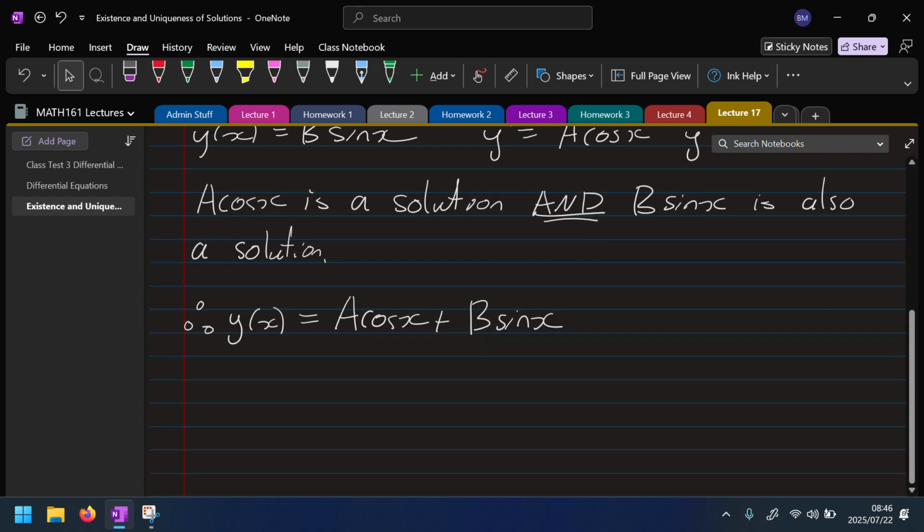Okay, so we call this a general solution. Right, so we got a cos x and b sine x. Those were two solutions that we found. Adding them together gives us what is called the general solution. So for homework, please check that that is in fact a solution.